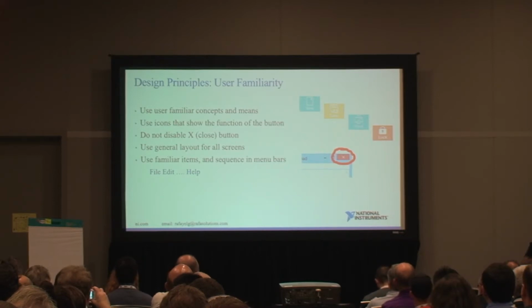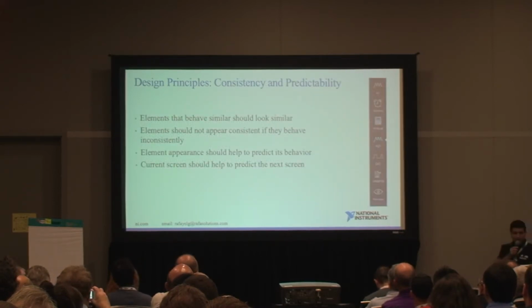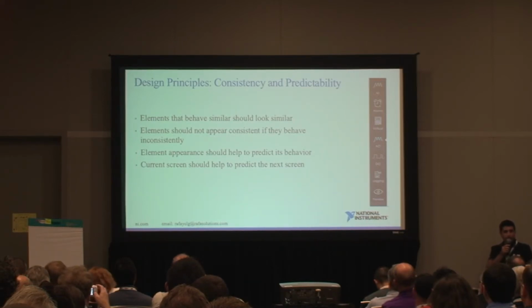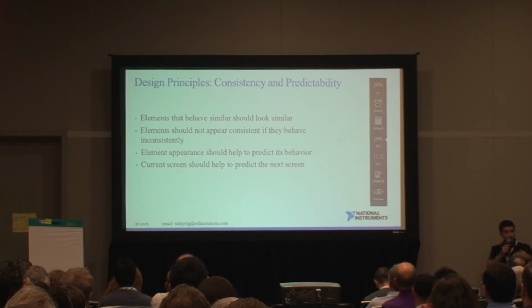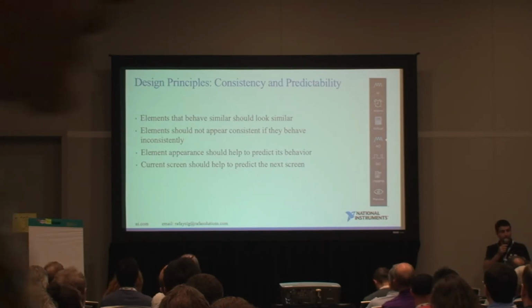Going forward, I would like to discuss consistency and predictability. Let's say you have a user interface where you are switching tabs, and on each tab you are showing different functionality. But overall the application needs to reflect consistency within the software.